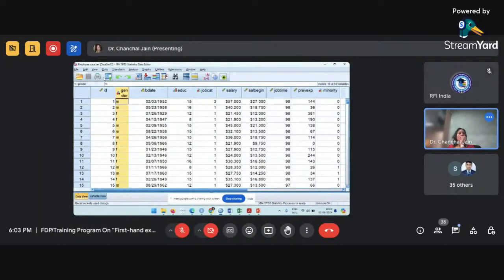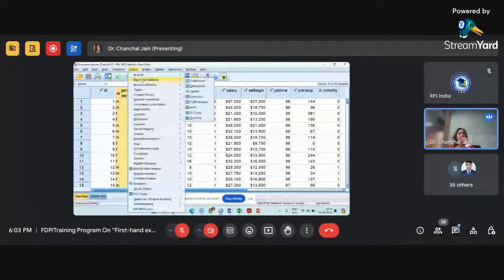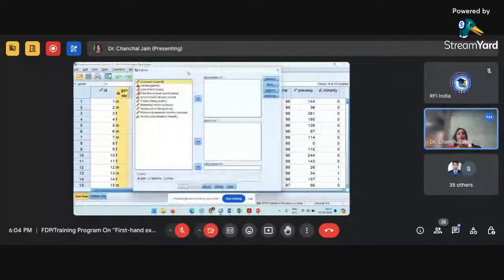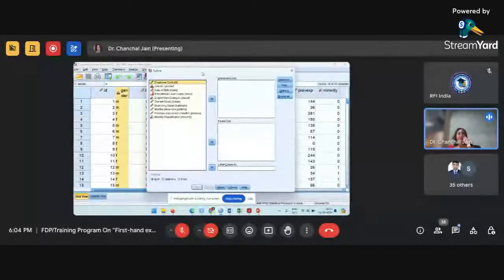You need to go to Analyze, go to Descriptive Statistics, and select Explore. I hope now people will be habitual of doing this, right? Click on Explore. Once you click on it, you will be on this particular window or box.